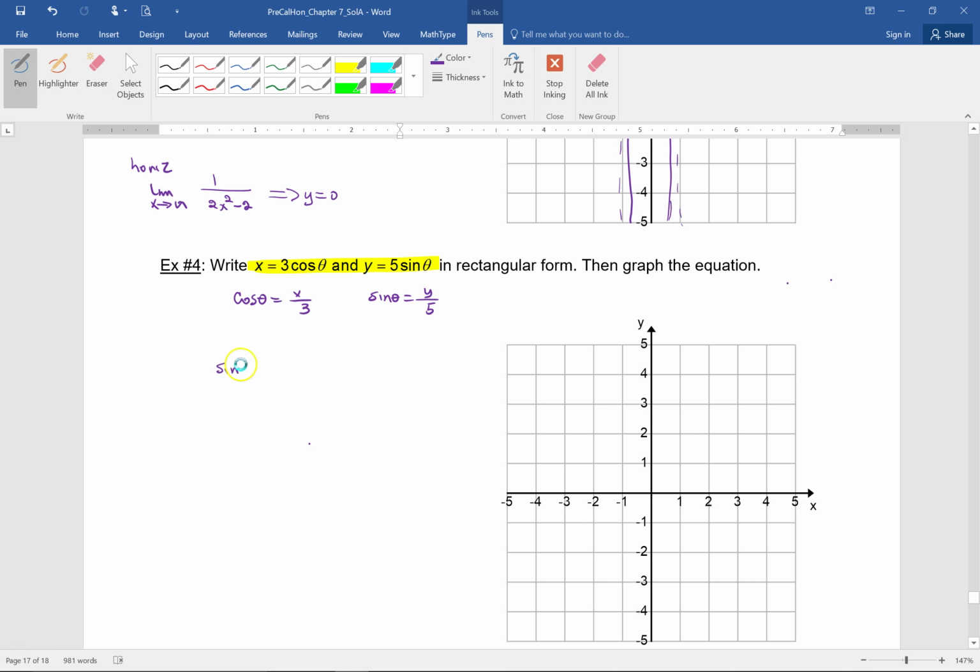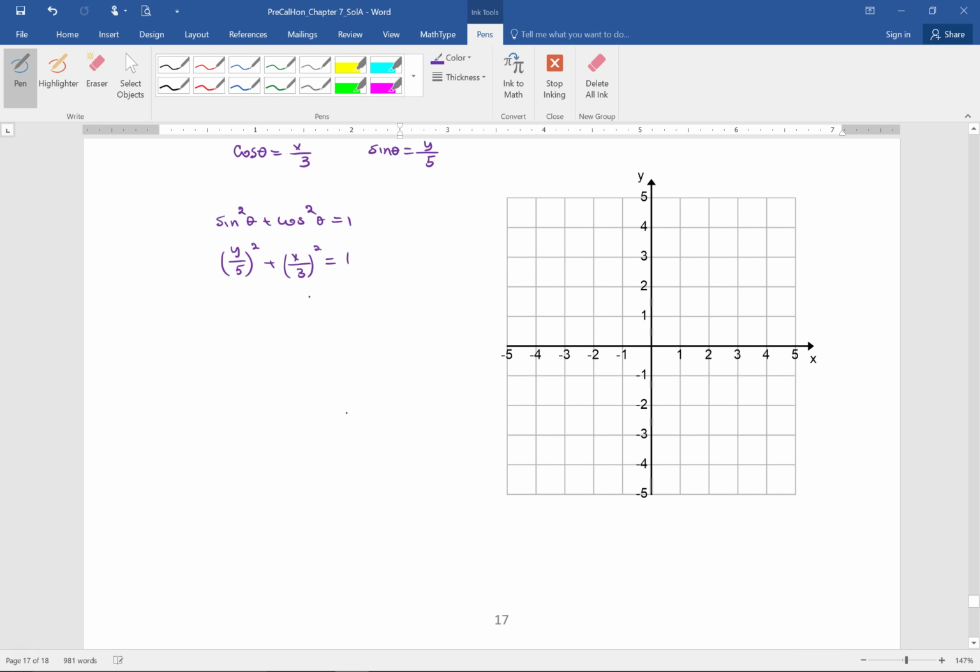So, if sine squared theta plus cosine squared theta is supposed to equal 1, then y over 5 squared, oh my god, look at how cool this is, plus x over 3 squared is equal to 1. Oh my god, what is this? y squared over 25 plus x squared over 9 is equal to 1. Remember, we always write the x squared first.